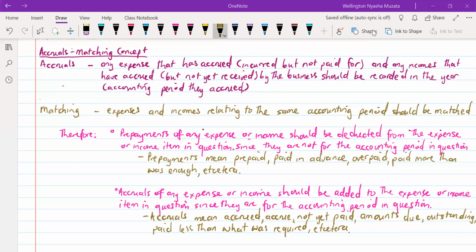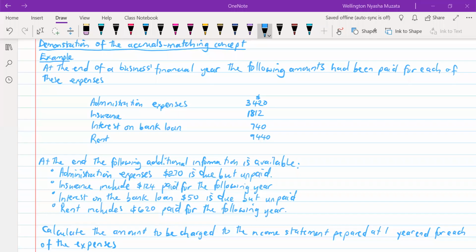Let's demonstrate the accruals matching concept. So we are given a question there. It says, at the end of a business financial year, the following amounts had been paid for each of these expenses.